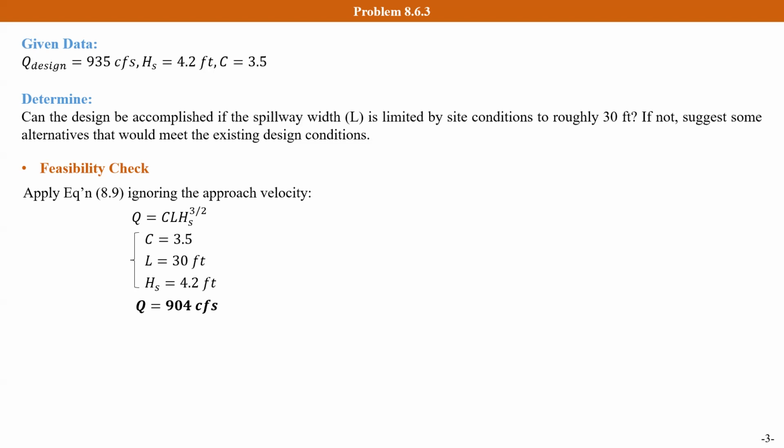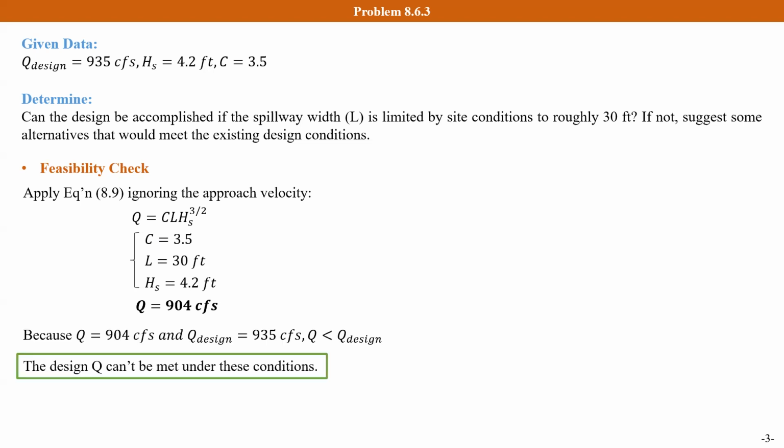By comparing with the design flow rate, the flow rate we just calculated is smaller than the designed flow rate. Then we know that the design flow rate cannot be met under these conditions.